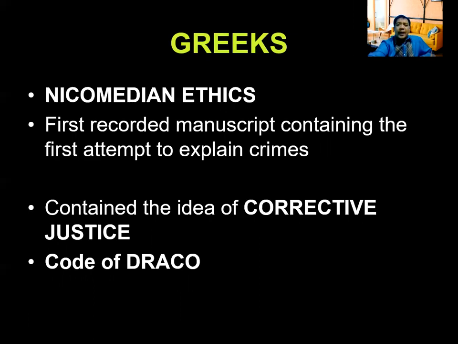The code of Draco is an early code under the Greek civilization, which tried to classify all acts as a form of capital offense, meaning that from the simple crime of theft up to the worst form of crime in the form of murder, all are considered capital crimes, and all of them require capital punishment.